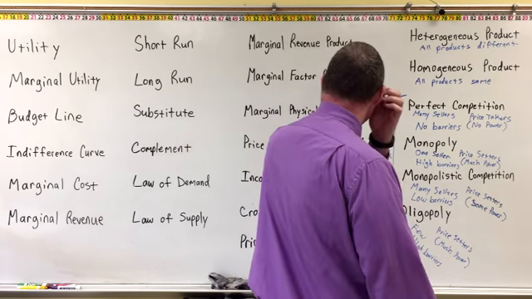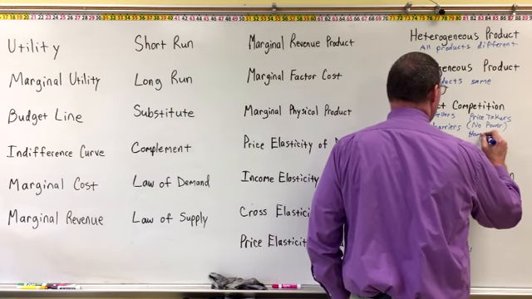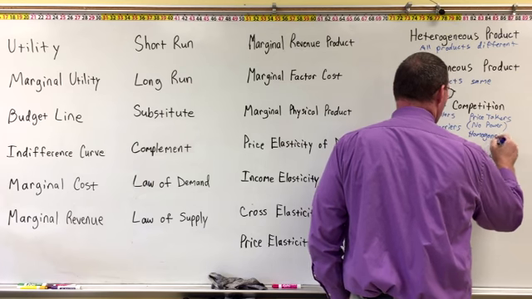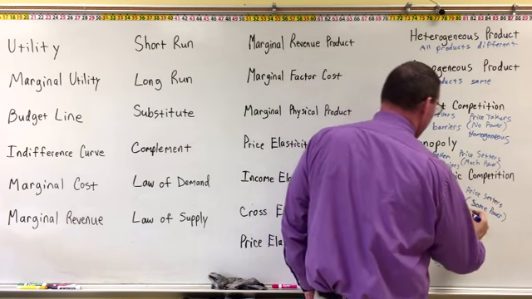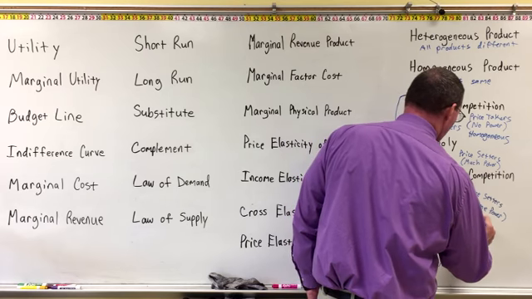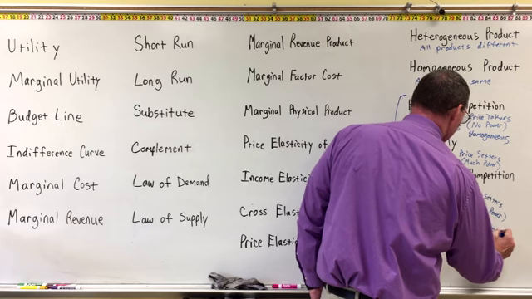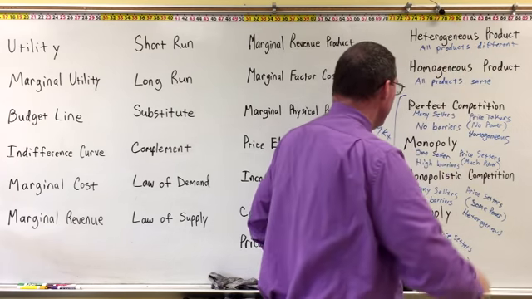dimensions of market structure. Perfect competition sells a homogeneous product, just like all the products are the same. But in monopolistic competition, they sell a heterogeneous product. In monopolistic competition, the products are perceived as being extremely different.